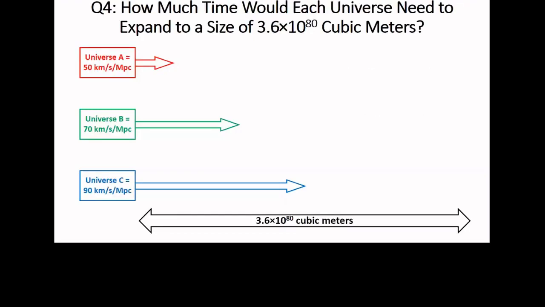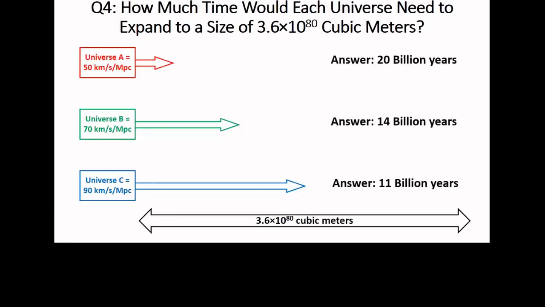What if we replace those cars with universes? Question 4. How much time would each universe need to expand to a size of 3.6 times 10 to the 80 cubic meters? That's approximately the volume of our own universe. Universe A, which has the slowest expansion rate, would need more time than any of the others.